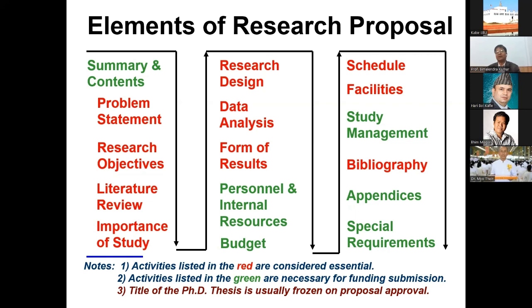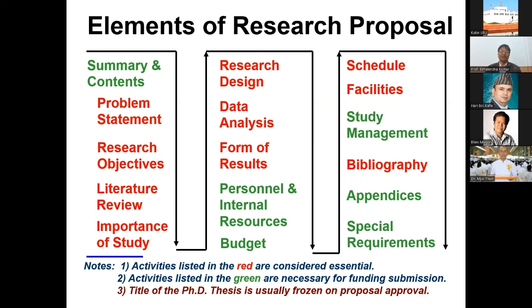And then, what is the budget? And then you have to state the limitations of time: how much time, 2 years, 3 years, 4 years, you are going to take for writing the research thesis.